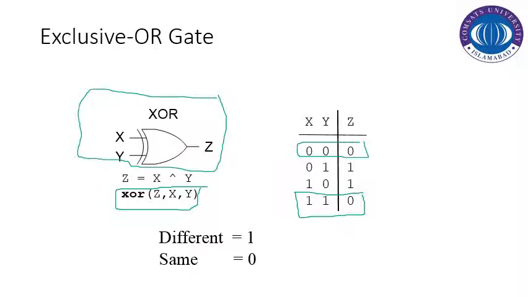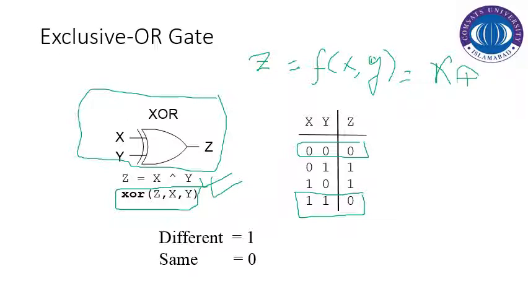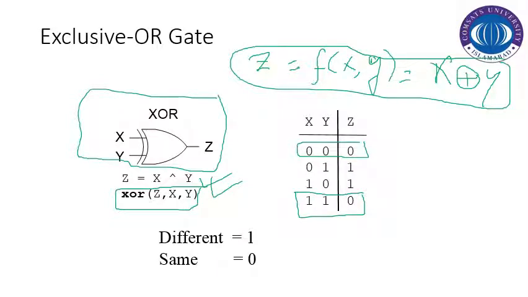So in your textbook, the exclusive OR operation can either be represented by this representation, or we can represent z, that is a function of x and y, as x is the input, this OR operation, and we'll circle this OR operation, y.